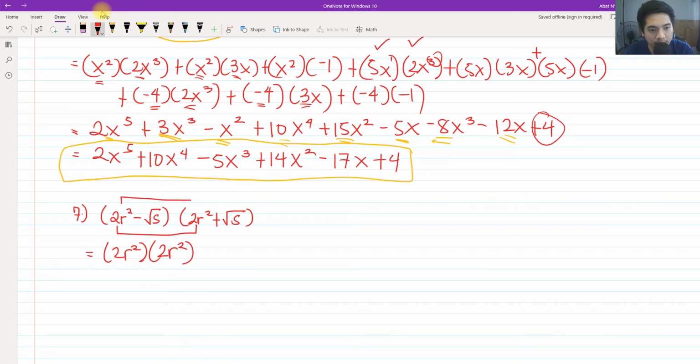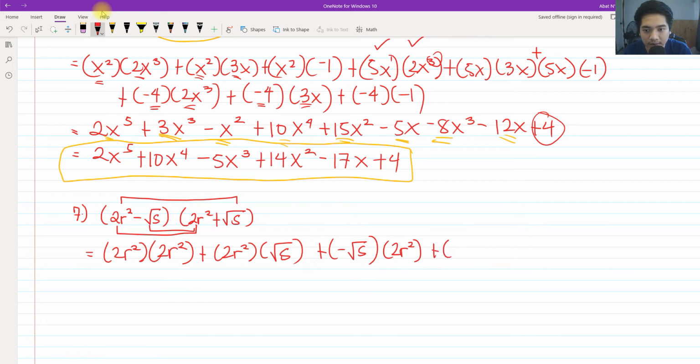And the outer would be plus 2r squared times square root of s. Inner would be negative square root of s. Remember to include the sign here. And then positive 2r squared. That's the inner. And then the last would be negative square root of s, this one and this one, times positive square root of s.